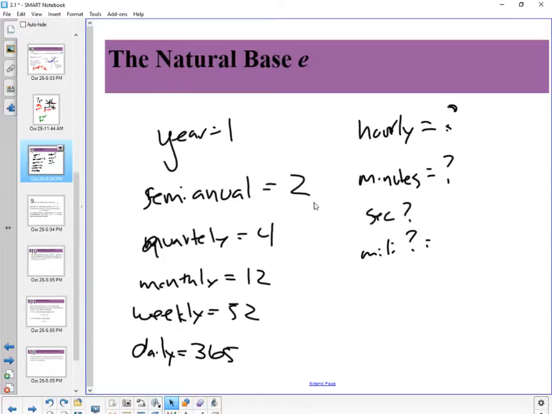We're also going to do something called continuous compounding. So when we talk about continuous compounding, it's the same thing as this, except are they doing it yearly? Are they doing it daily? Are they doing it hourly? No, it's continuous.